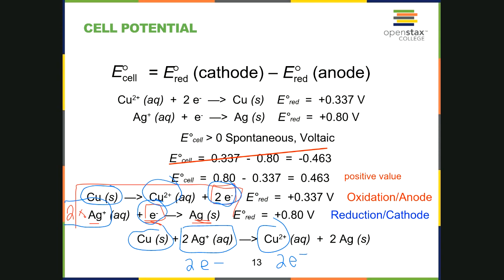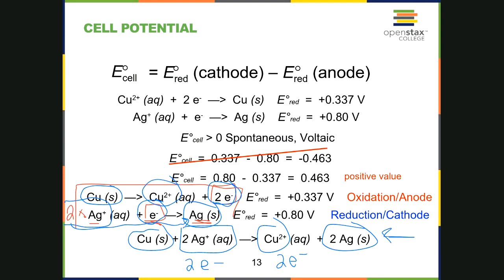And then I've got 2 times the silver. That 2 applies to the silver solid, so I write in 2 silver solids. So this is the overall reaction that's occurring.